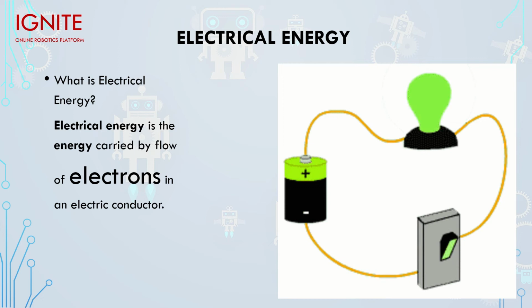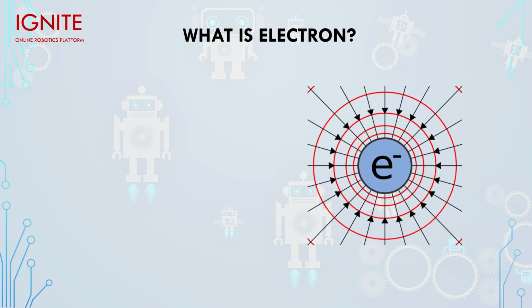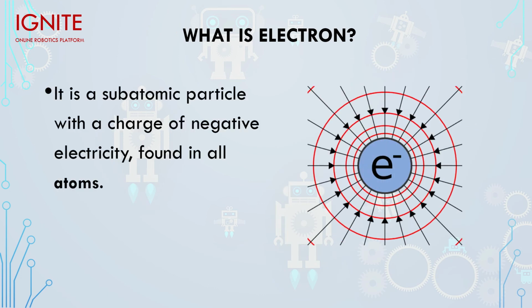So what is it that is flowing? That is electrons. What is the meaning of the word electron? Some of you would have heard this word for the first time. An electron is a subatomic particle with a charge of negative electricity found in all atoms.